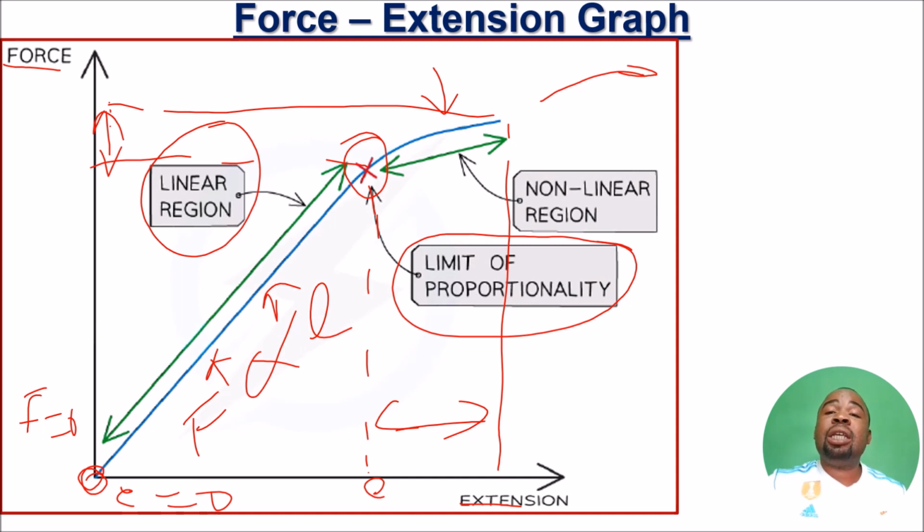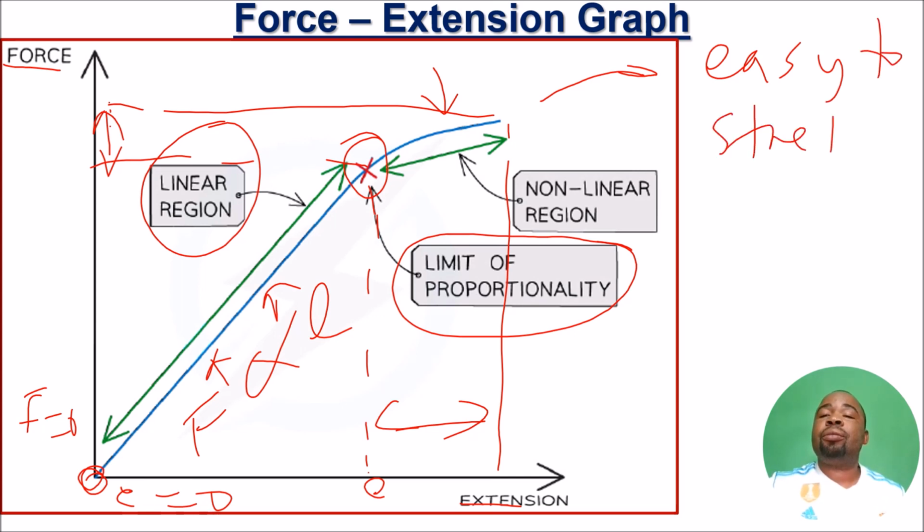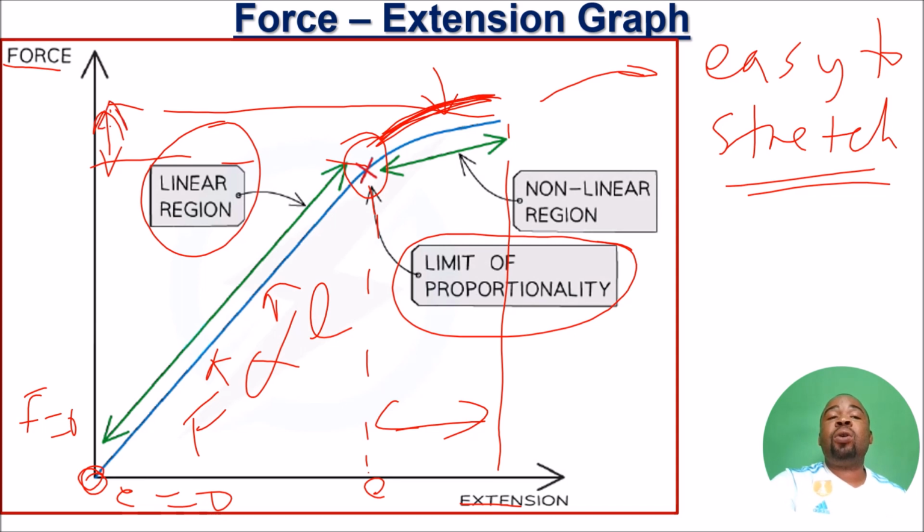In other words, it's now easy to stretch. This is very, very important. For a force extension graph, we should have a curve whose gradient is decreasing towards 0, signifying that a small force will produce a bigger extension and the material has become easy to stretch.